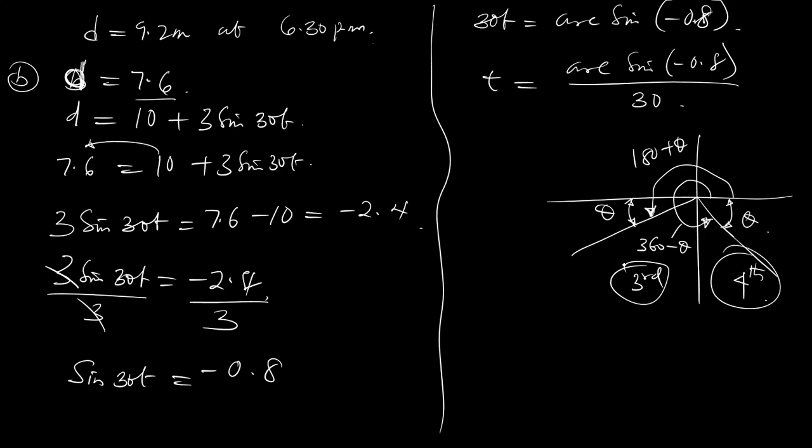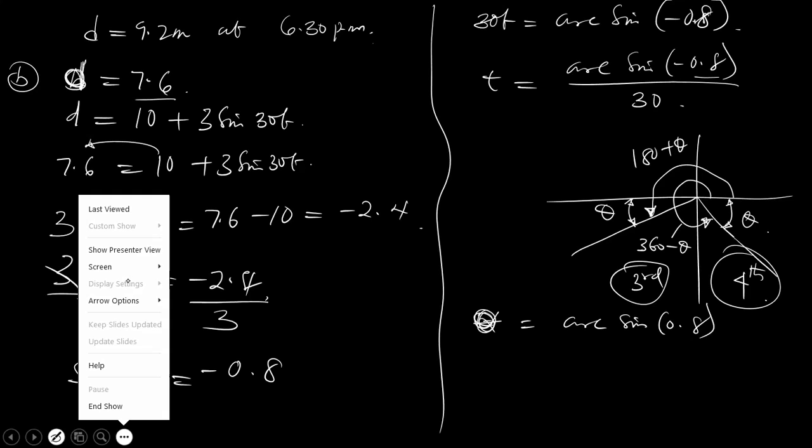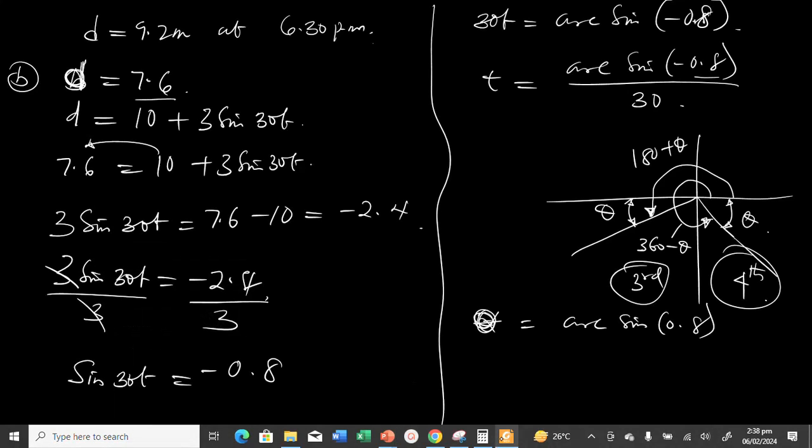Now let's start with the first one, the third quadrant. Let's look for this angle first. Let me call it theta. Theta equals arc sine 0.8.